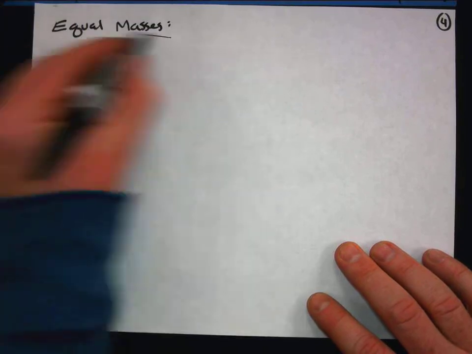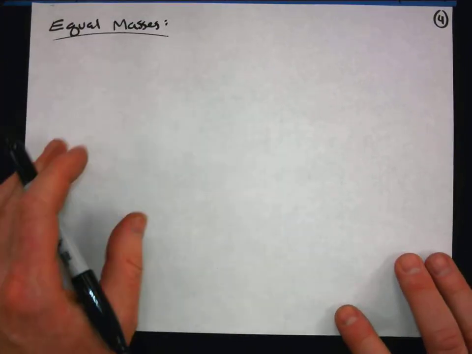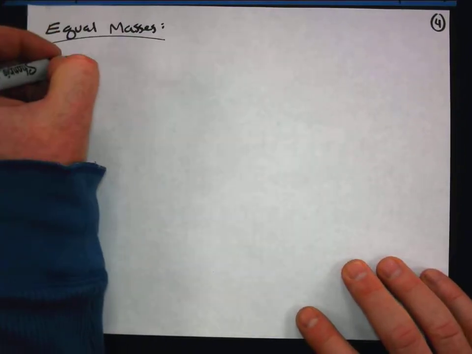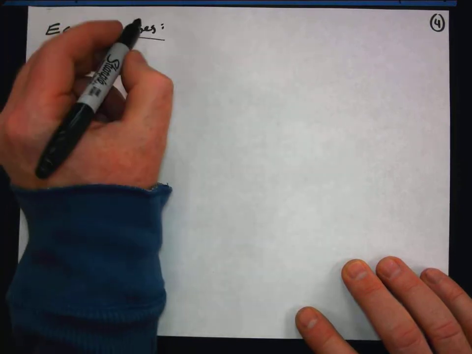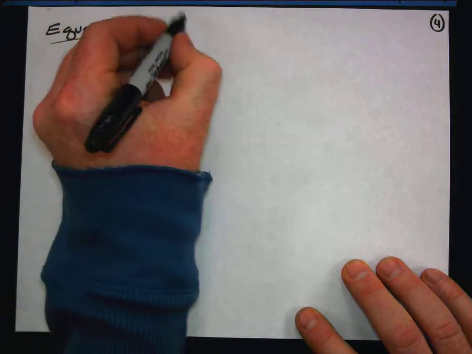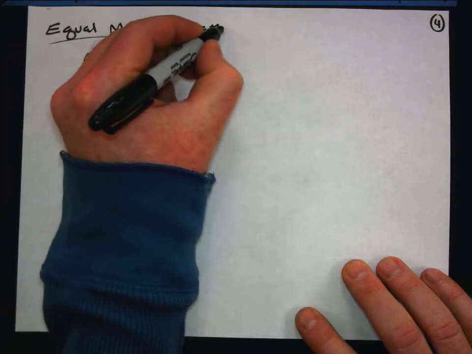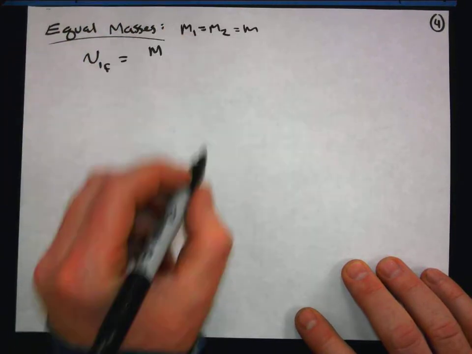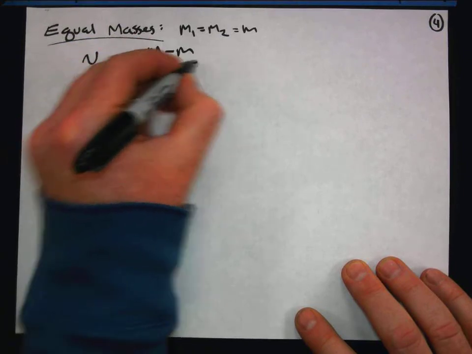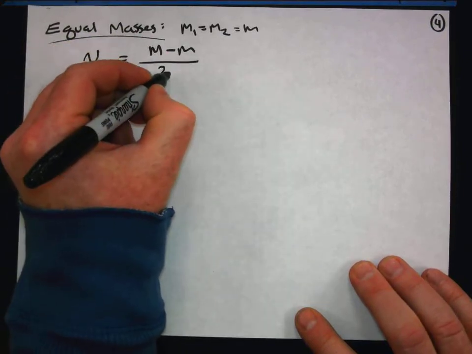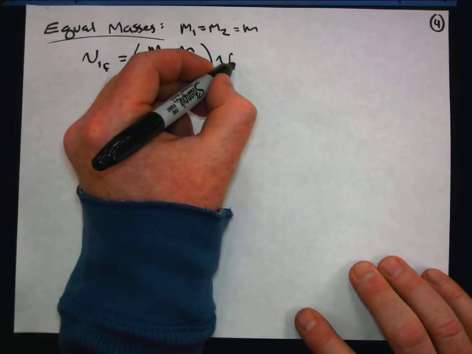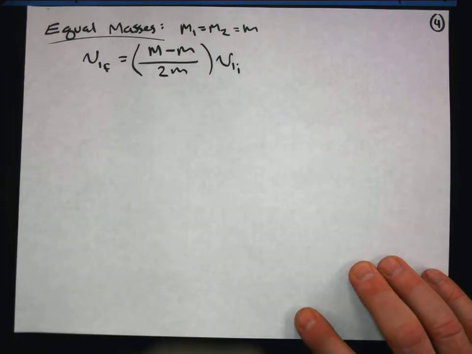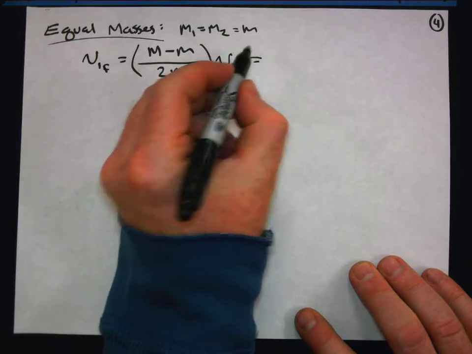Let's work this out. We have the final velocity of object 1, and if the masses are equal, they're both equal to m. So m1 equals m2 equals just m. The equation becomes m minus m divided by 2m, multiplied by the initial velocity of object 1. Well, m minus m gets you 0, so the whole thing is 0. Not going anywhere after the collision.